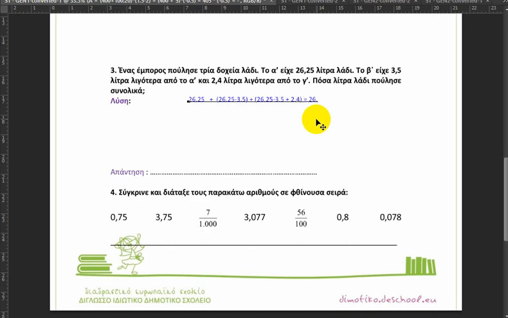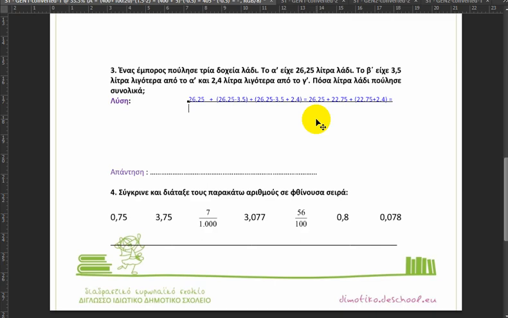So here it's going to be 26.25 plus 26.25 minus 3.5, which is going to give us 22.75. Plus the other one is, inside the parentheses, 22.75 plus 2.4.